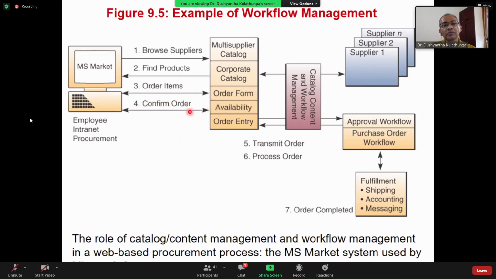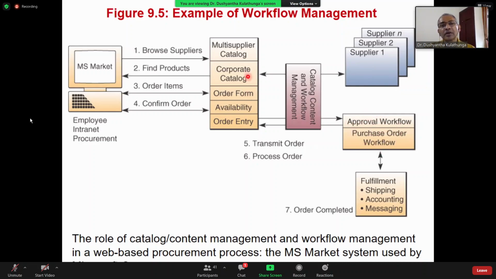So before confirming, you can verify the availability of the products. After that, you may confirm the order, so the order entry will go into the system. After that, the order can be transmitted to the relevant suppliers. And here it says approval workflow.